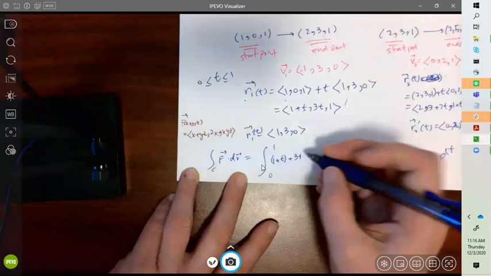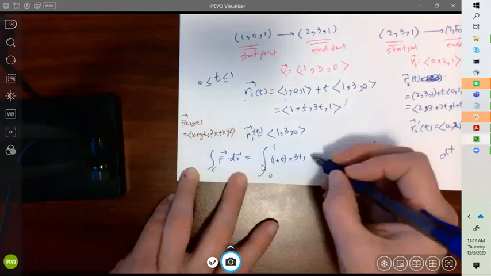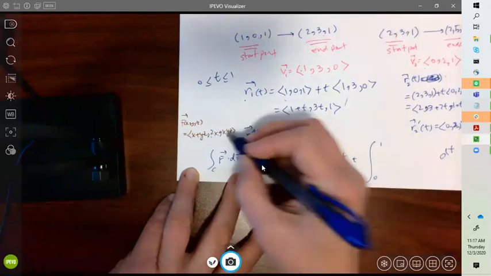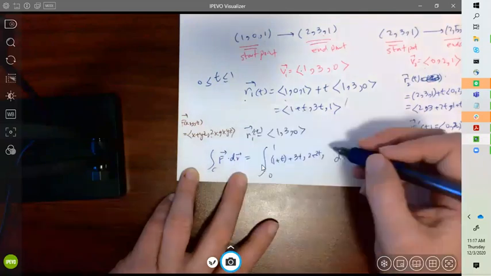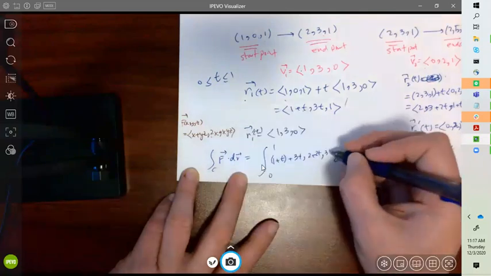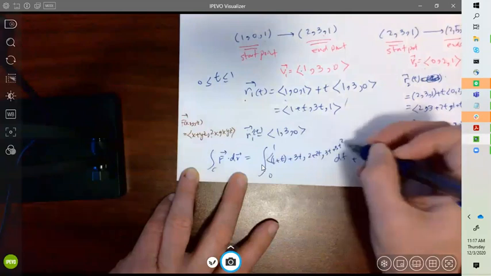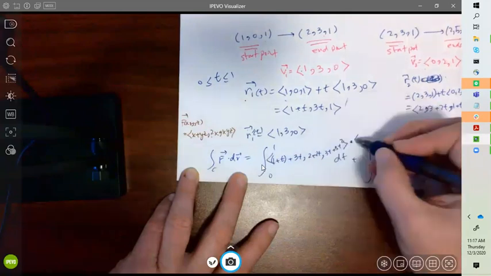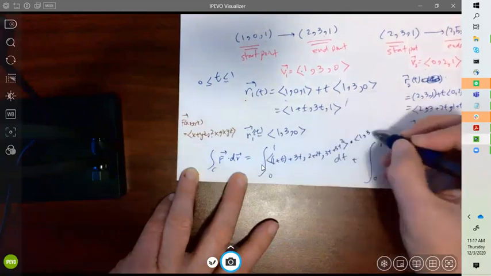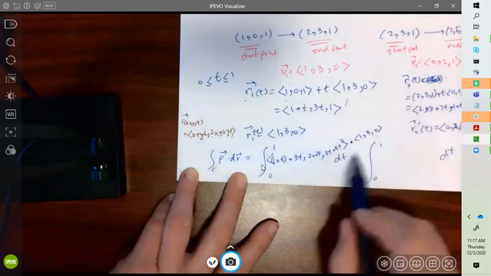And then 2 times 2 plus 2t, and xyz, which is going to be 3t plus 3t squared. And I dot that with 1, 3, and 0, and take the integral of that.